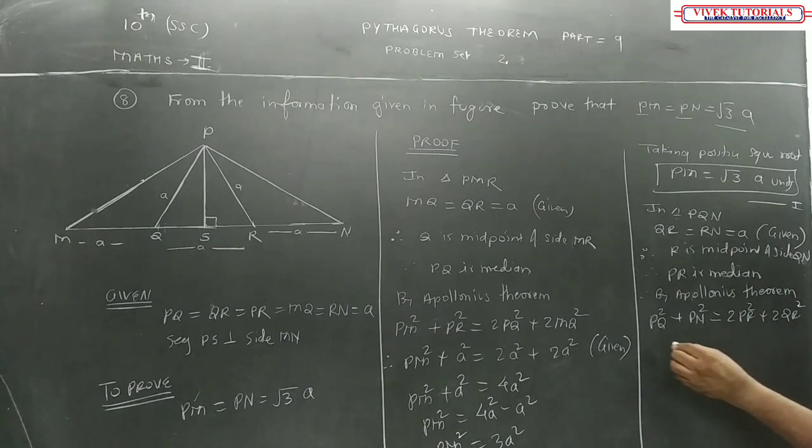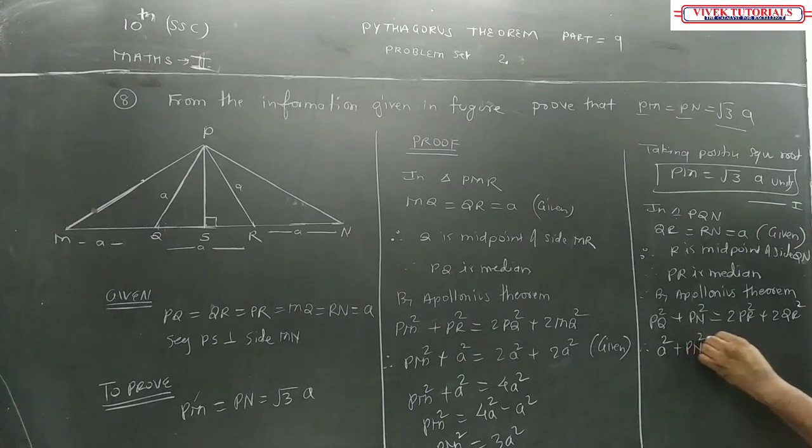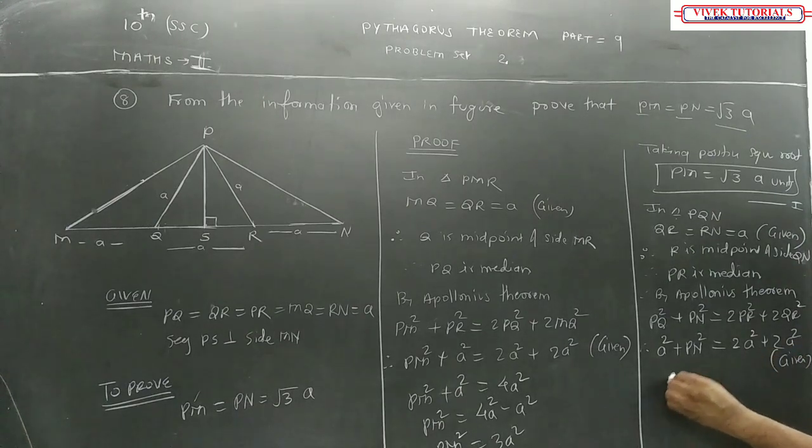Now we know the value of PQ square is nothing but a square. PN square we don't know, is equal to 2 into PR square, which is a square, plus 2 into QR square, which is also a square. Here we are going to write given. So PN square is equal to 4a square minus a square.